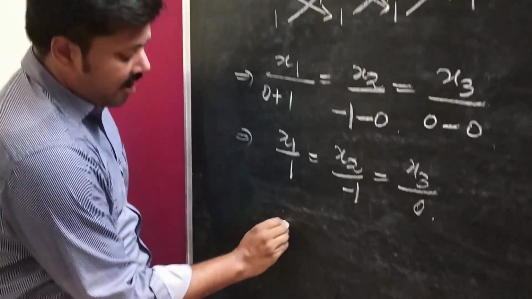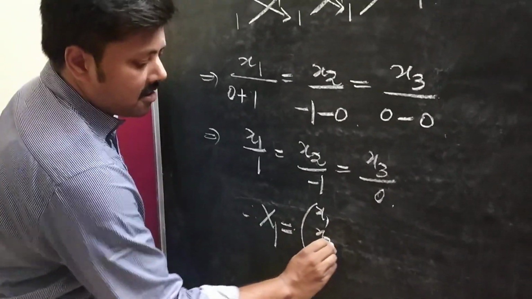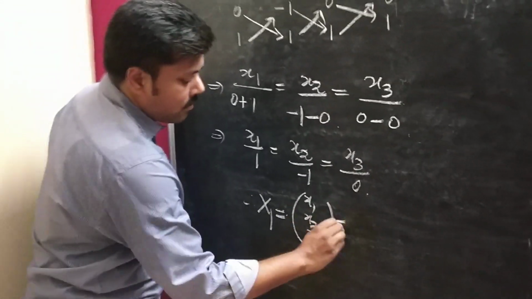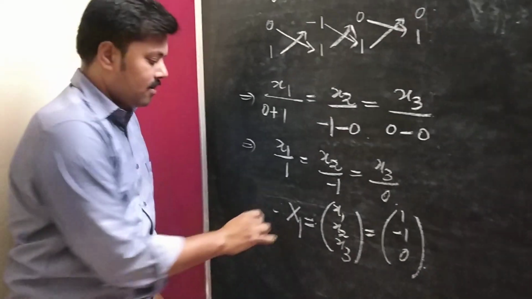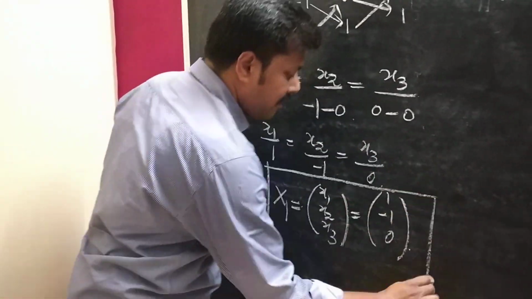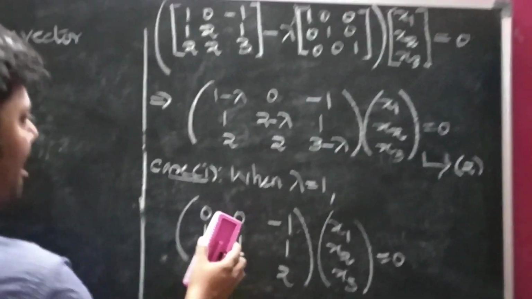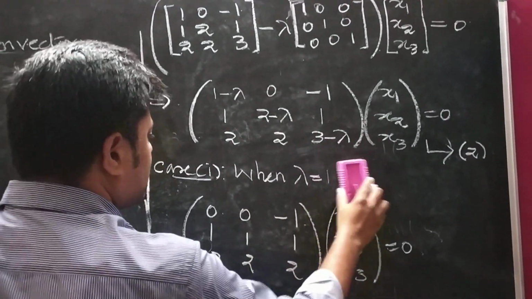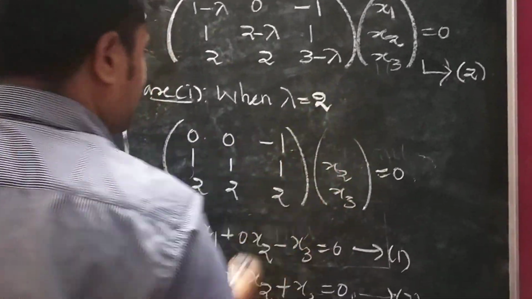So the first eigenvector is 1, minus 1, 0. Similarly, we want to find the second and third cases. What is case 2? Case 2 is lambda equal to 2.